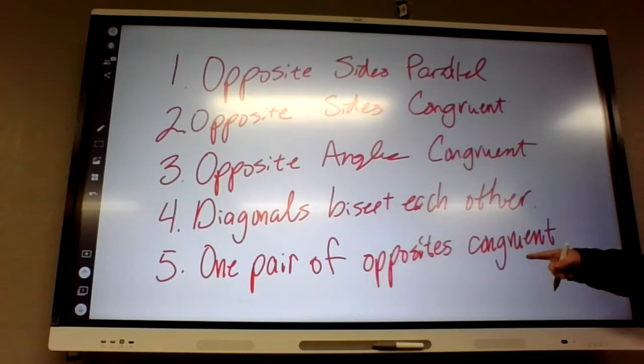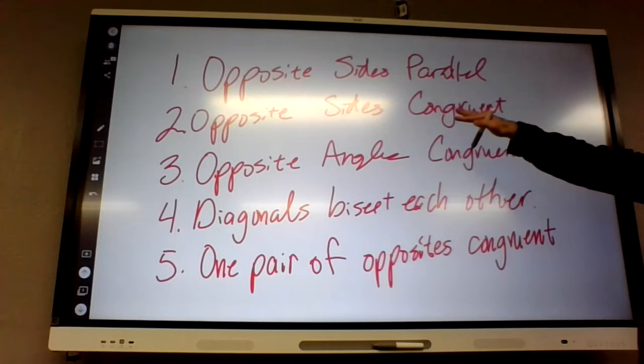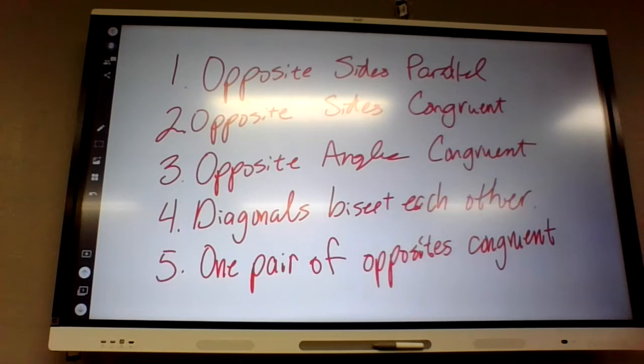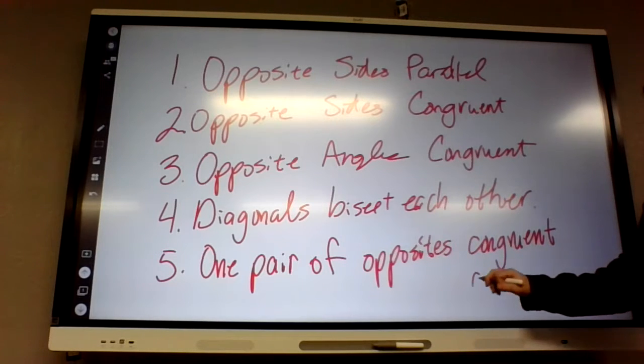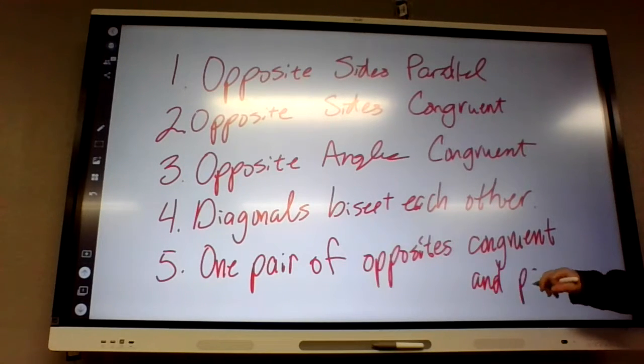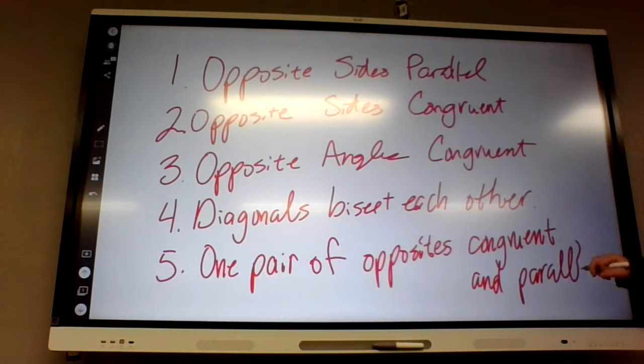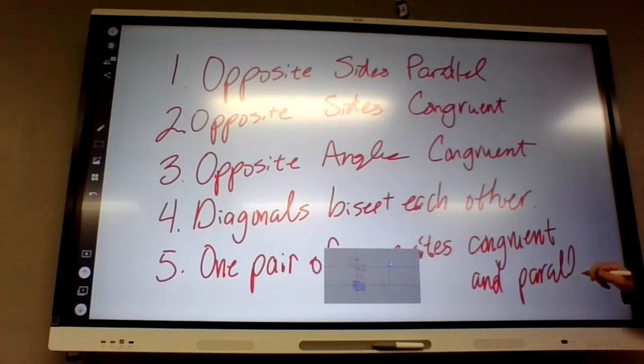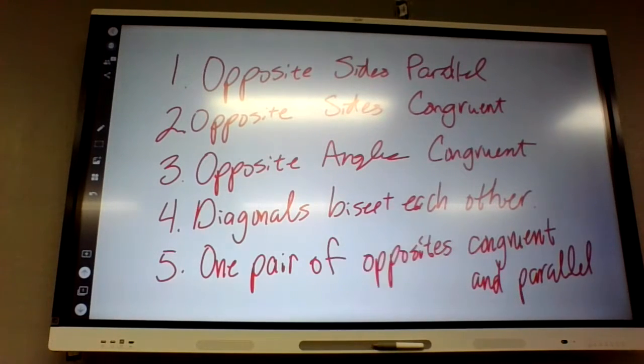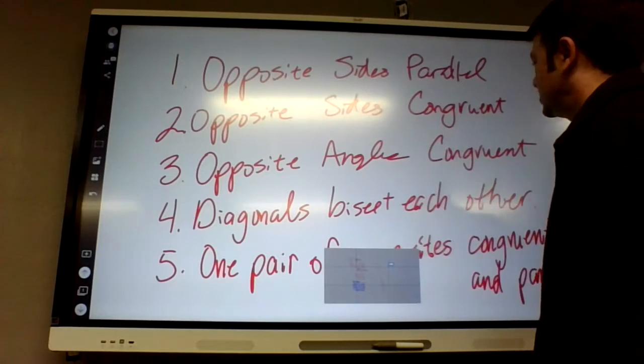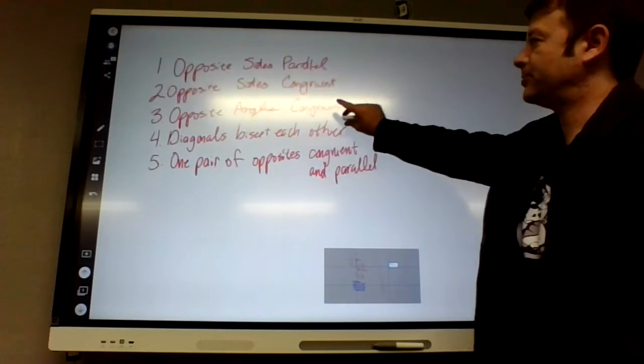So how's that different from number 2? On number 2, both pairs of opposite sides. On 5, it's one pair of opposite sides, congruent and parallel. All right. Let's put that up here.